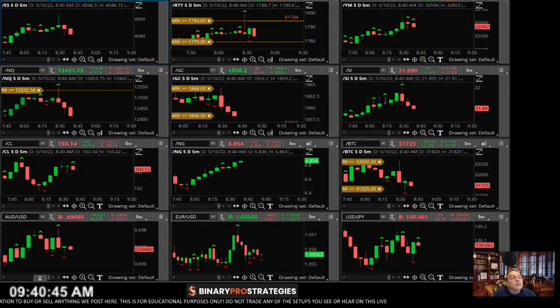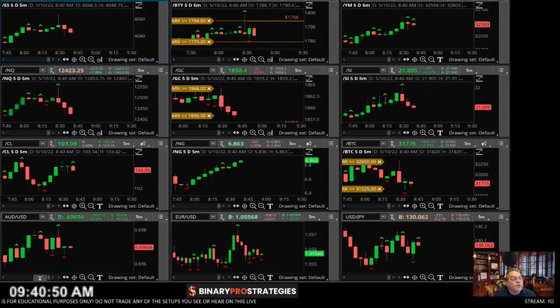Profit target hit. All right, mini Nasdaq did just hit its target on its short. Still short RTY, which is your mini Russell.